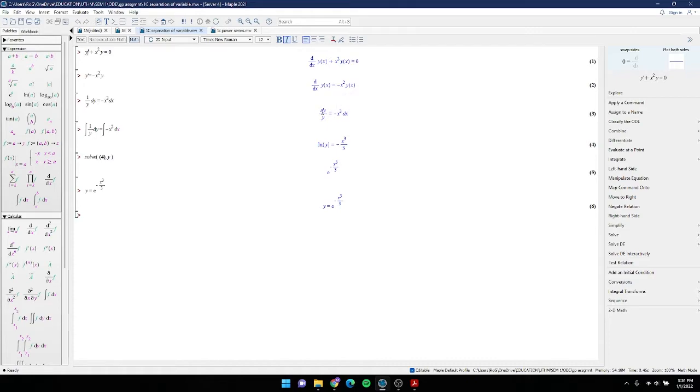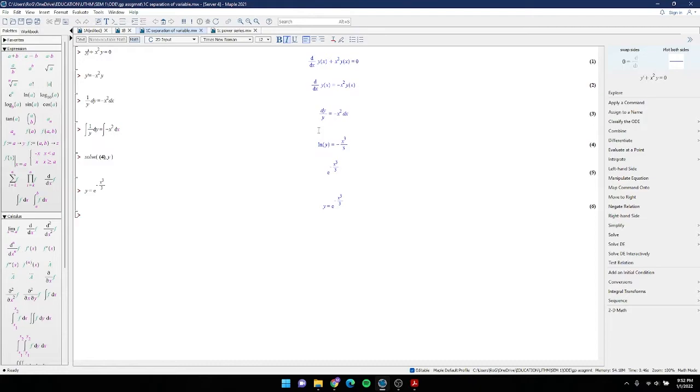So we separate the y and x values and we move y to the left hand side and x we move to the right hand side. So we move the dx from left hand side to the right hand side, and it will be dy over y equal to minus x squared dx.